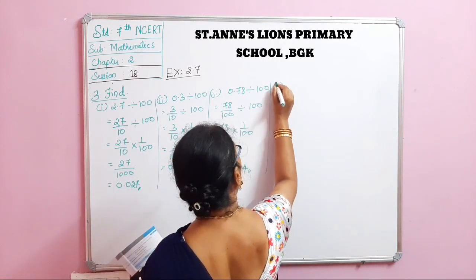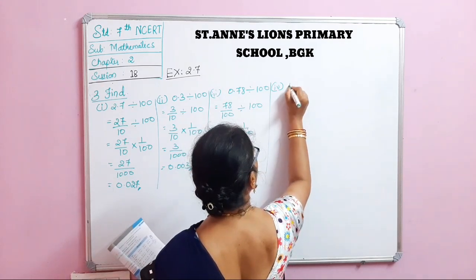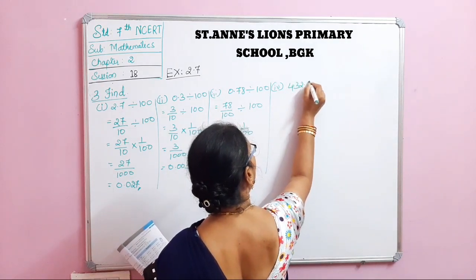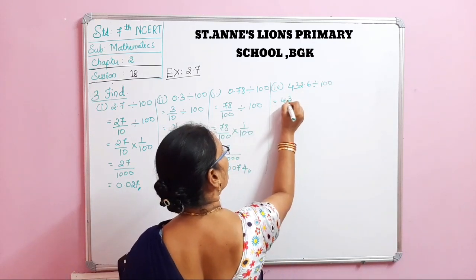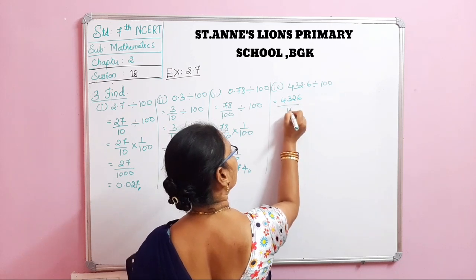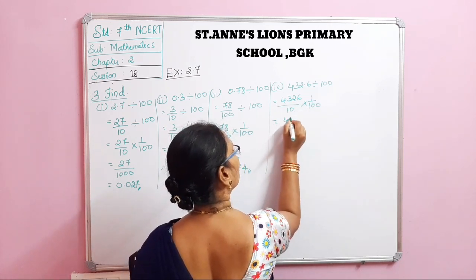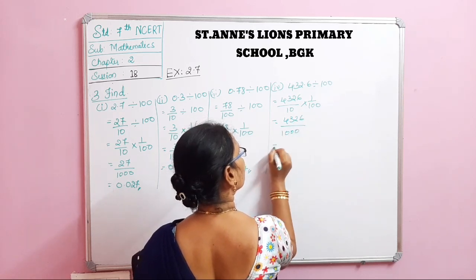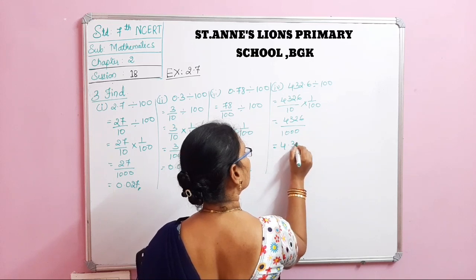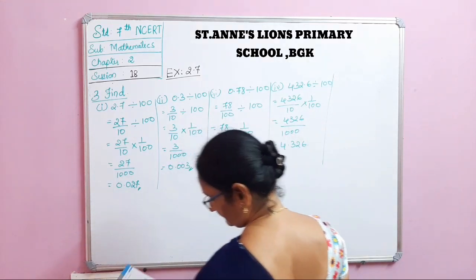Next, fourth one, 432.6 divided by 100. 4326 by 10 into 1 by 100. So 4326 divided by 1000, that is 4.326. This is fourth problem.